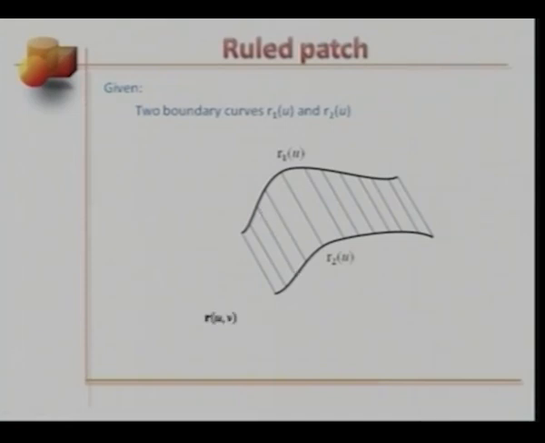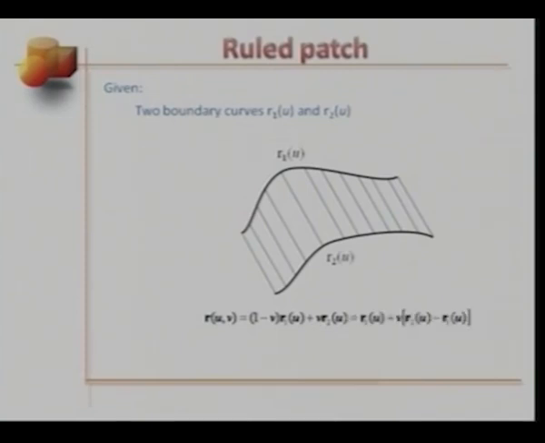Mathematically, a ruled patch can be expressed as R as a function of u and v equals 1 minus v times R1 of u plus v times R2 of u. So these are the u parametric directions, while these are the v parametric directions. So if you notice, it's a linear interpolation model.